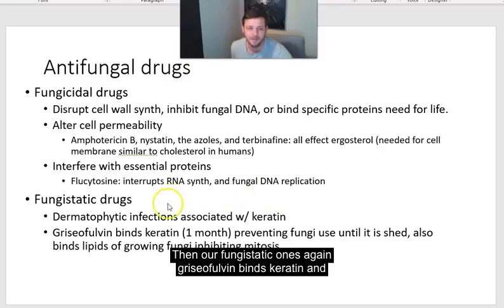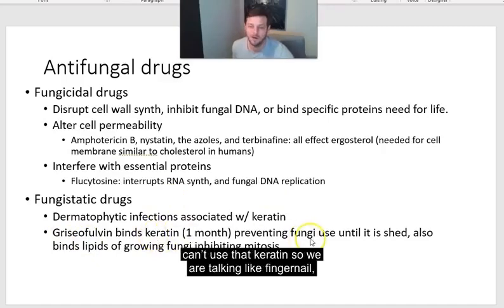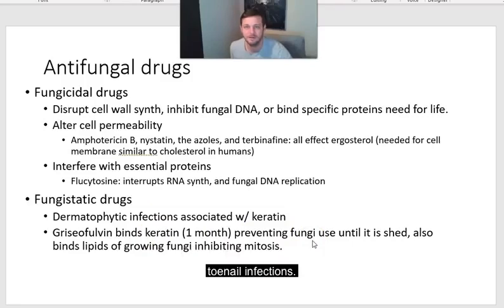And then our fungostatic ones, again, griseofulvin, binds keratin, and it binds keratin for about a month, which means that the fungi can't use that keratin. So we're talking fingernail, toenail infections. Also, the keratin within the skin, right? So ringworm, jock itch, athlete's foot.